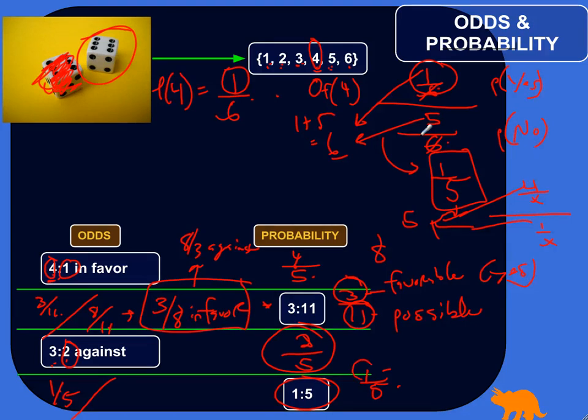Well, if I've got 1 favorable outcome out of 5 possible outcomes, then there must be 4 non-favorable outcomes, where this thing doesn't happen. So my probability that it won't happen would be 4 out of 5. Now same denominator here, so I can simplify this to be 1 over 4 in favor.